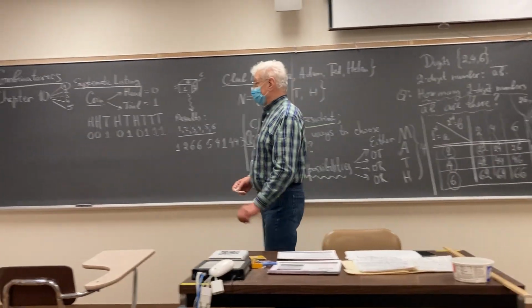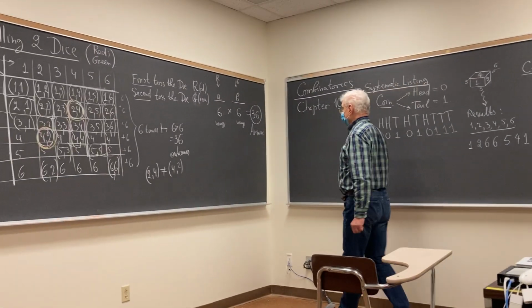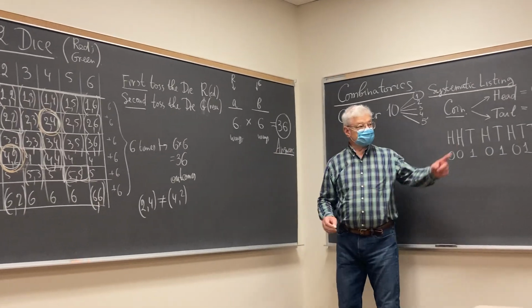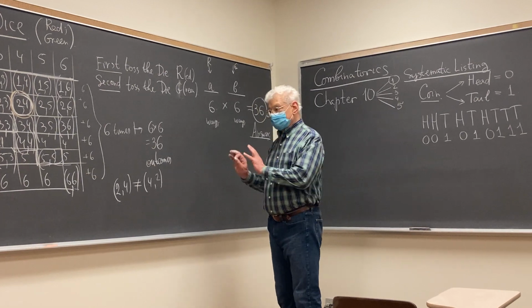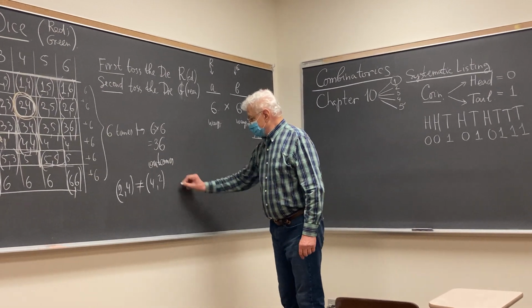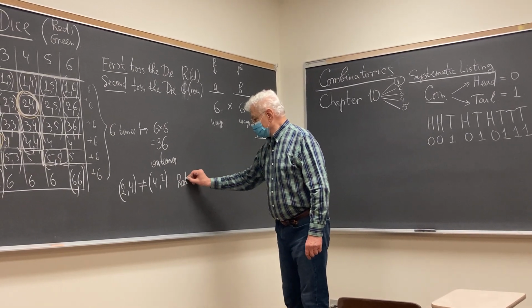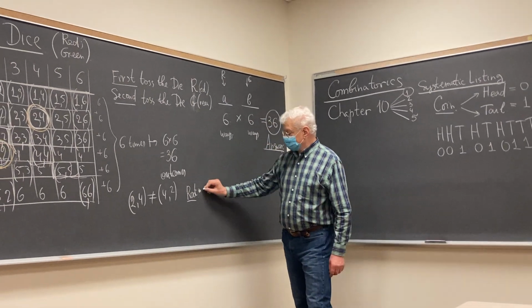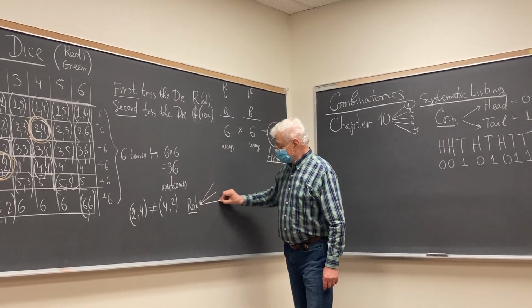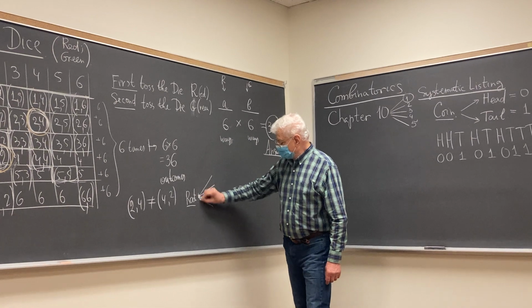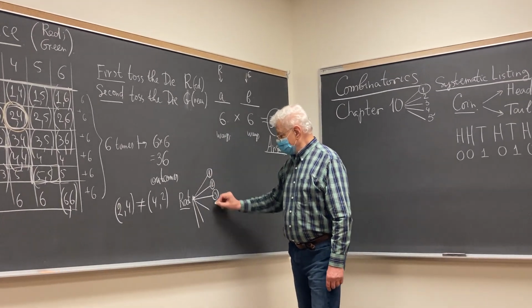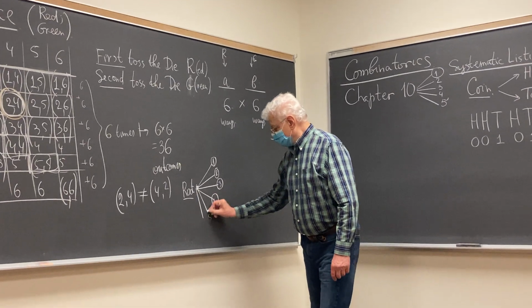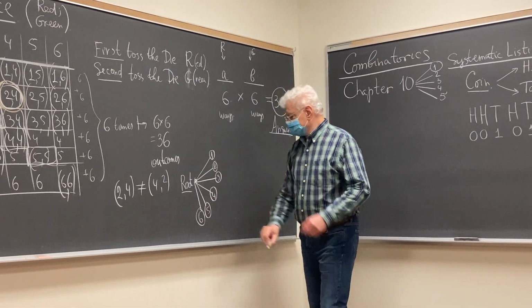Let me explain to you the same answer using a tree. It will be much more complicated and I will not draw the whole one. So you start with a point, which I call the root, and then for the first die, you have 6 possibilities: 1, 2, 3, 4, 5, 6.